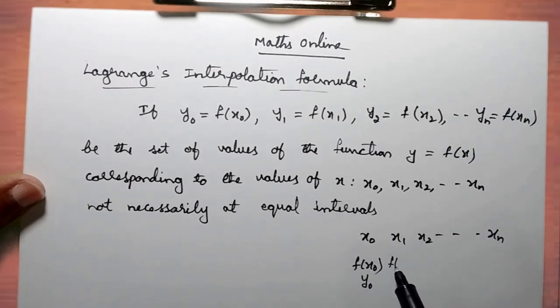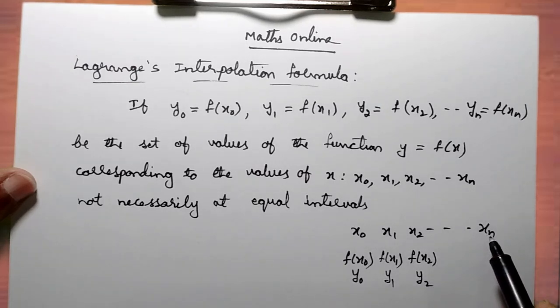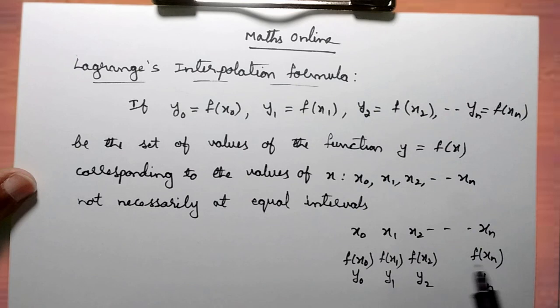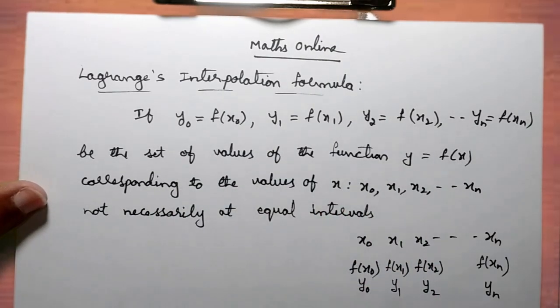Then f of x1 can be written as y1, f of x2 can be y2, and for xn the corresponding function value will be f of xn, or in terms of y, yn. So either you can express it in the form of the function f, or in terms of the y value. That is what I have written: y0, y1, y2, yn and so on.